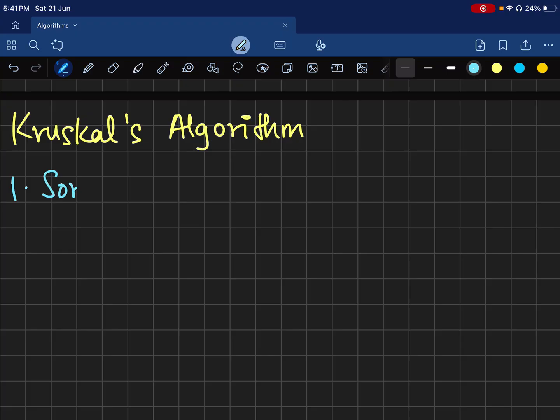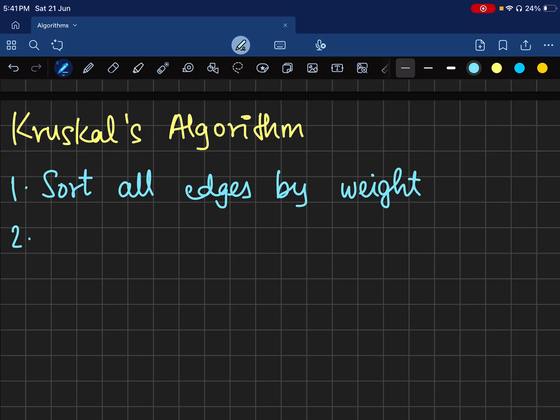Okay, so the steps for solving Kruskal are as follows. The first step is to sort all the edges by weight. The second step is to initialize each vertex as its own set.